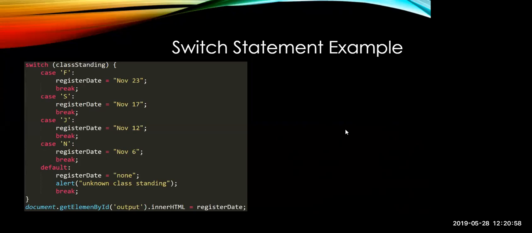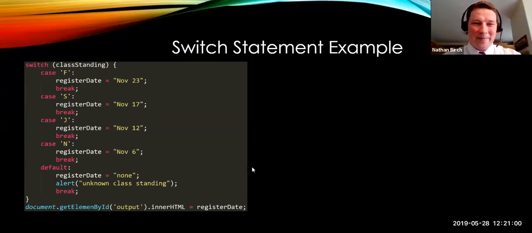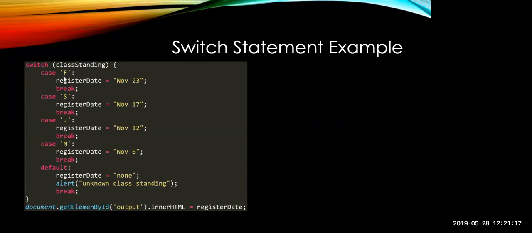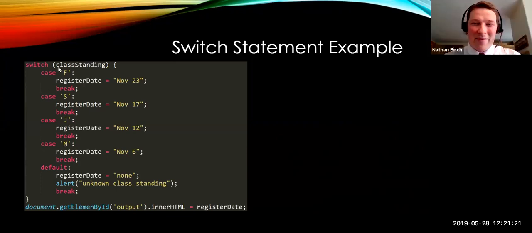Is that what I'm hearing? Yep. All except that it didn't create it. It looks like register date was at least declared previously, but it looks like we didn't assign it anything. But yes, it would assign November 23rd to register date if class standing was equal to F. Oh, okay. I gotcha. Yeah, great question. Does that make sense, Garrett?